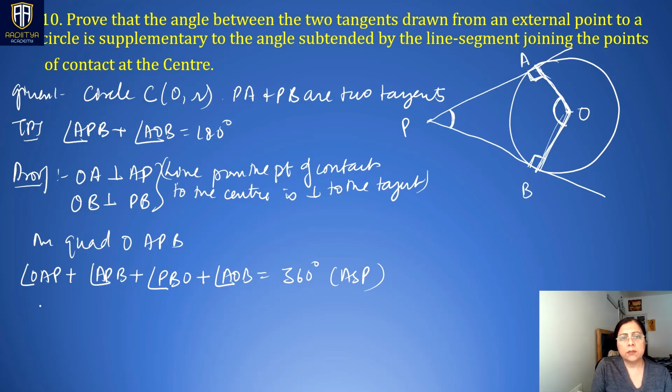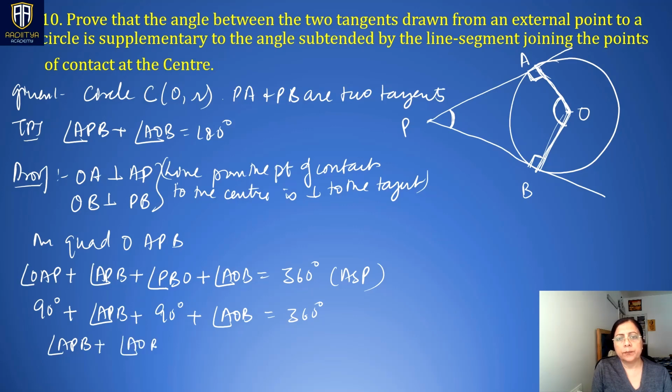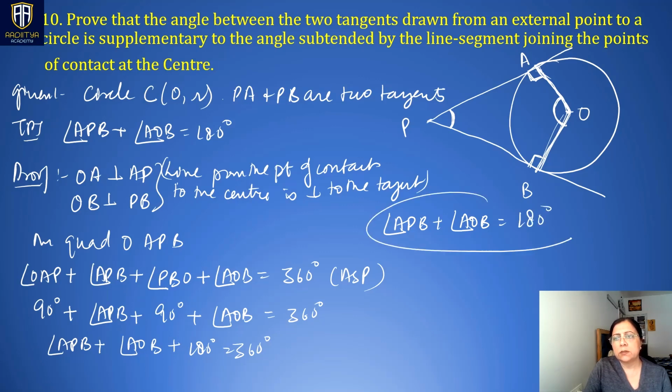Now OAP is 90 degrees, APB we do not know, and OBP or PBO is again 90 degrees, plus angle AOB. This is 360. So what we can write here, APB plus angle AOB plus 180 degrees is 360 degrees. So the sum of angle APB and angle AOB is 180 degrees. 360 minus 180 is 180.